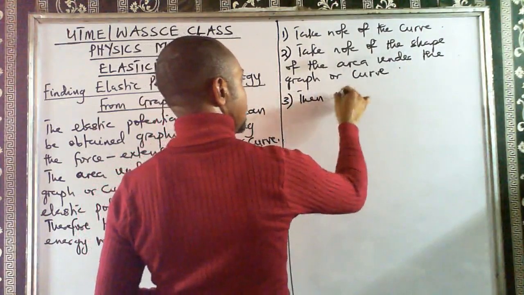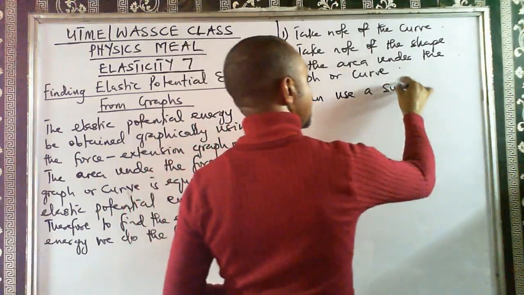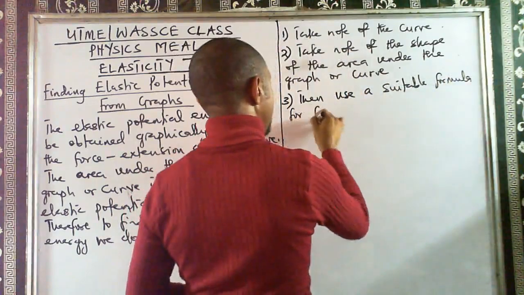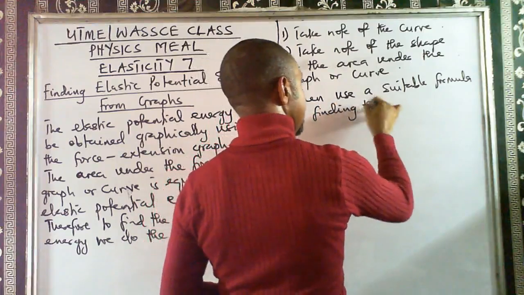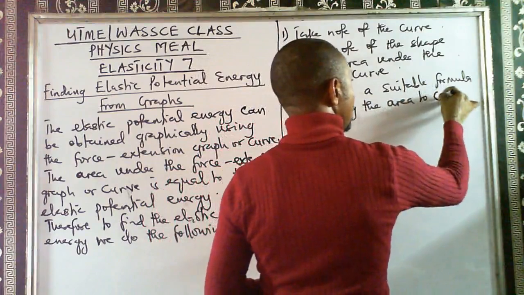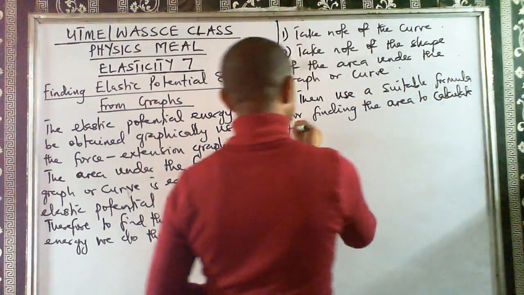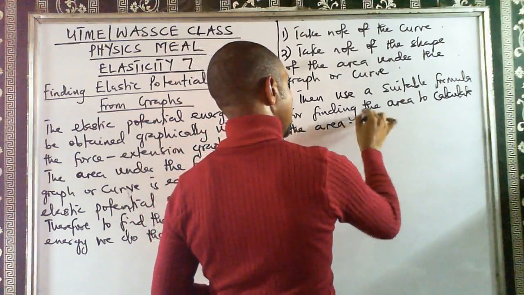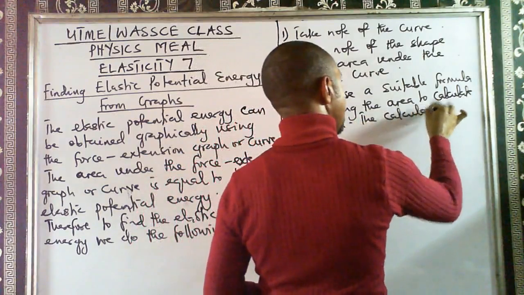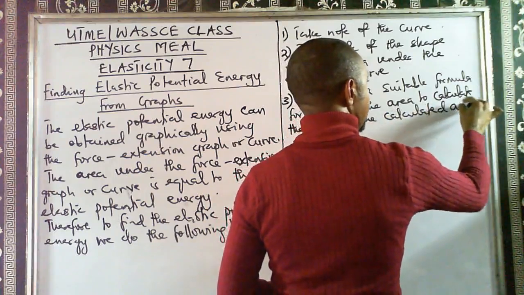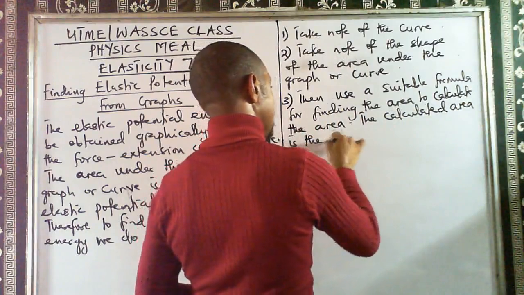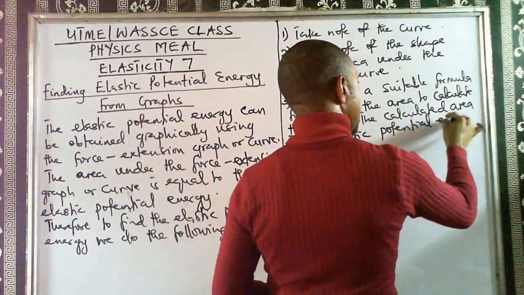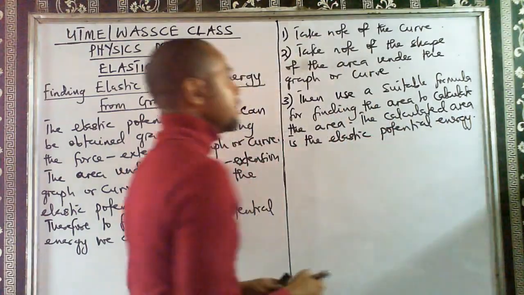Then use a suitable formula for finding the area to calculate it. The calculated area is the elastic potential energy. So these 3 steps are enough.